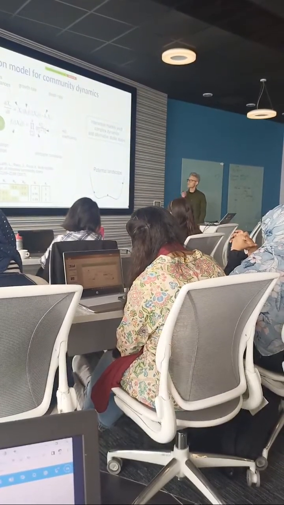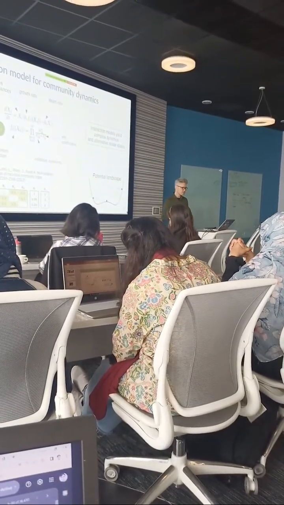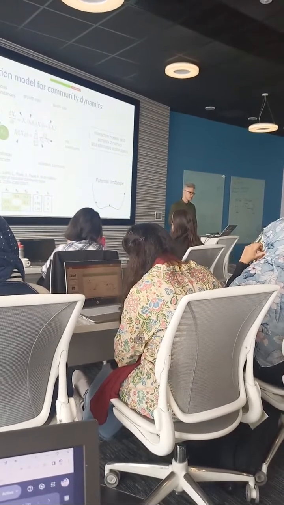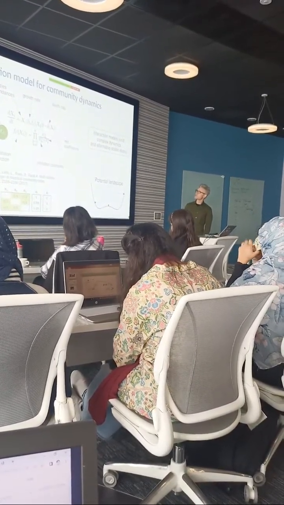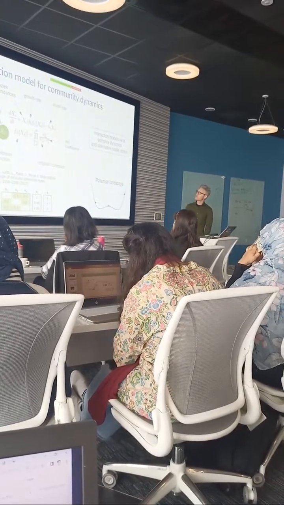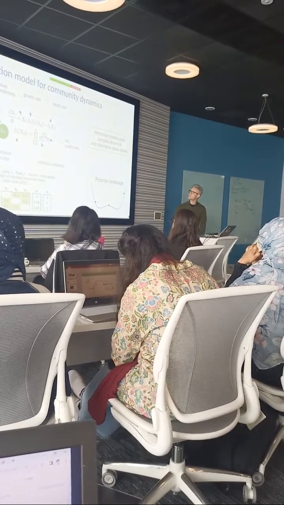We have done different studies on interaction models of microbial communities, and this is one simple interaction model of microbial communities with just like 3 members here. We have growth rates and death rates and species abundances.